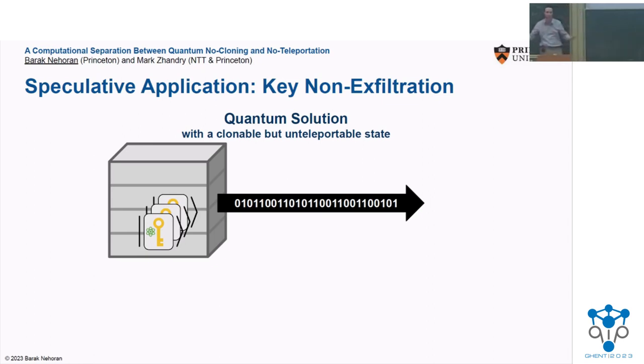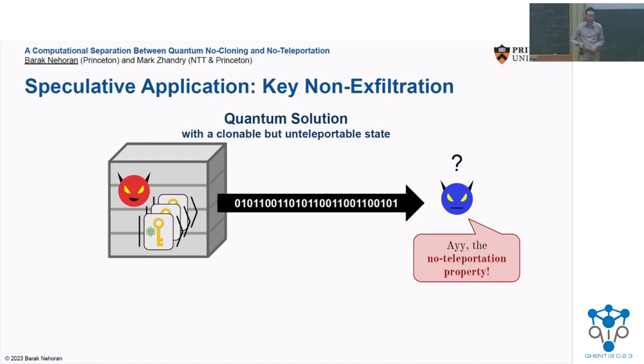You can run them in parallel. You can use this key in parallel over many parallel processes. But despite that, if an adversary were able to infiltrate the system, they still can't exfiltrate the state, exfiltrate the key, because of the no-teleportation property.